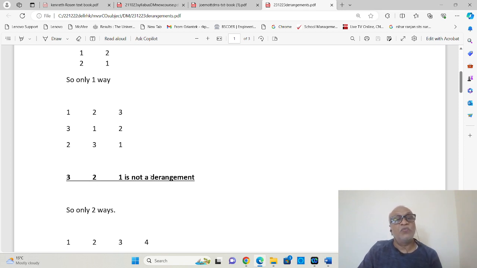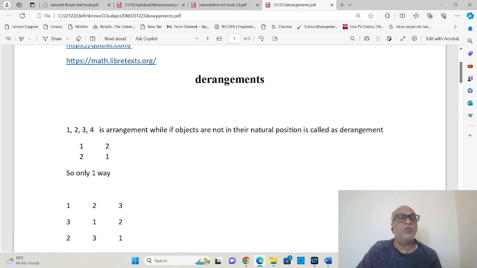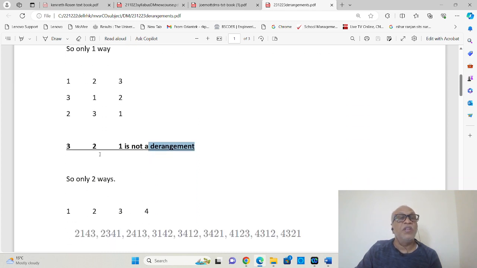So with this, what we understand is that derangement means no element should be in its own position. So if we have 3 numbers here, how many ways are possible for derangement? 2. If we had only two elements, one way was there. If we had 3 elements, 2 ways were there.